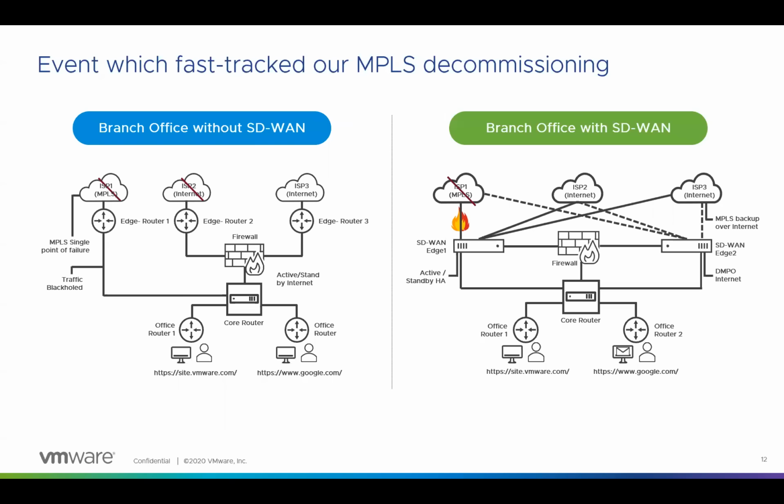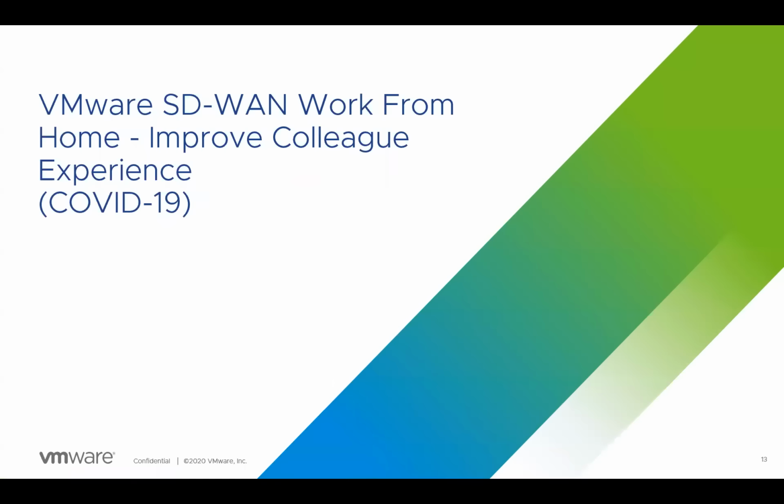Now that we have discussed the first use case, I would like to talk about the second use case. We are in an unprecedented situation right now. Due to the pandemic, pretty much all of our colleagues are working from home.